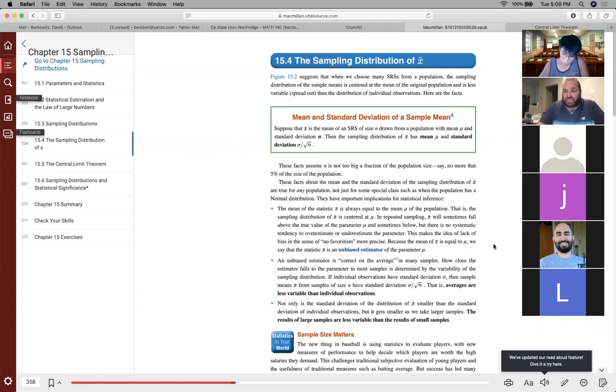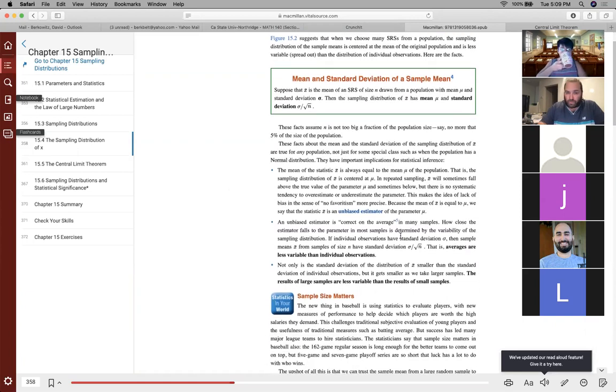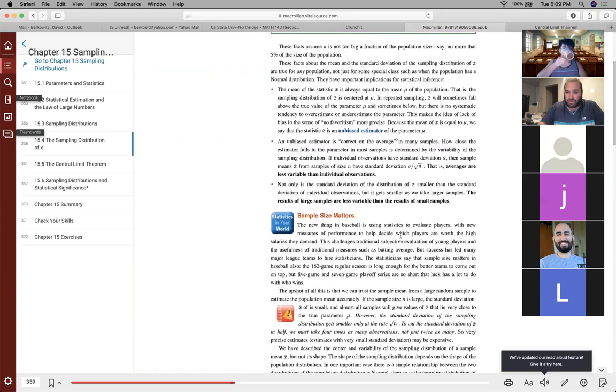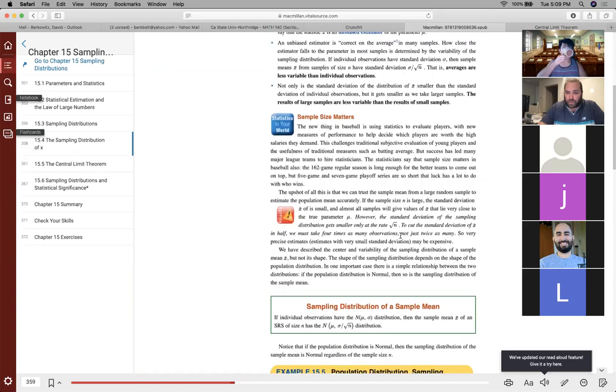So if my sample is size 100, let's say, then the deviation will be 10 times smaller because I will divide by 10, because the square root of 100 is 10. Does that make sense? Yes? No, maybe so? Yes.